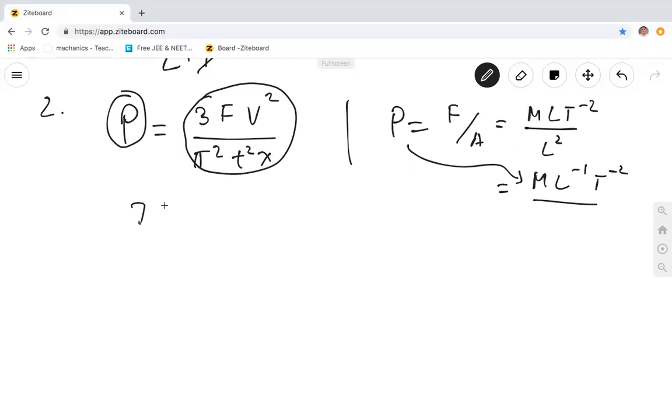So it is 3f v square by pi square t square x. And this is dimensionless, so we don't need to write anything for this.